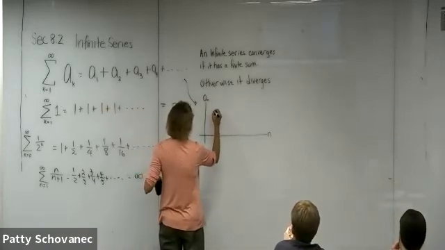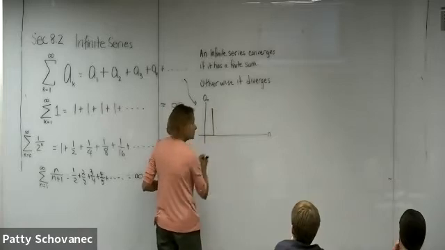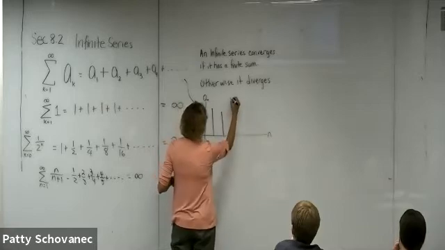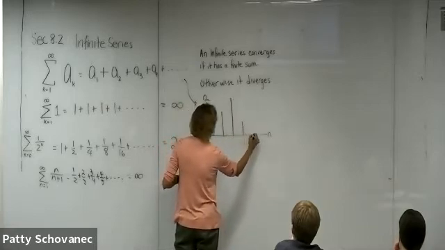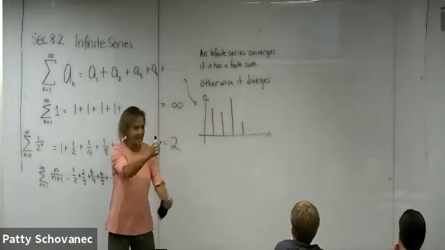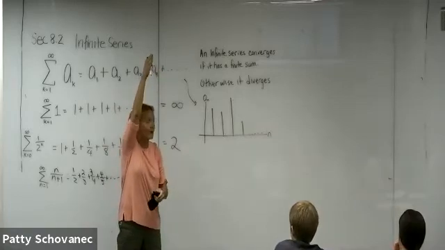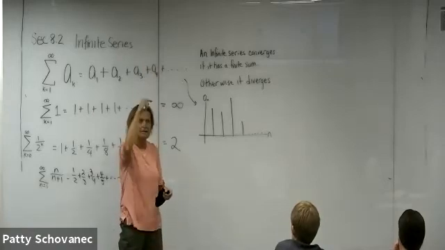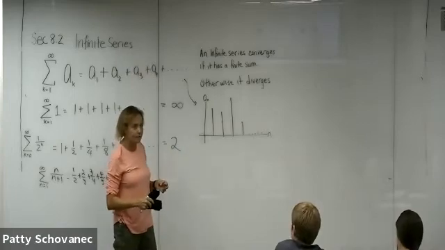Maybe the first term looks like this, and I want to know how tall that is. And then maybe the next term looks like that. I'm going to take these lengths forever and ever and stack them one on top of another. If the sum of those lengths becomes finite, then the series converges to whatever that length is. But if that length continues to grow, then the series is going to diverge.